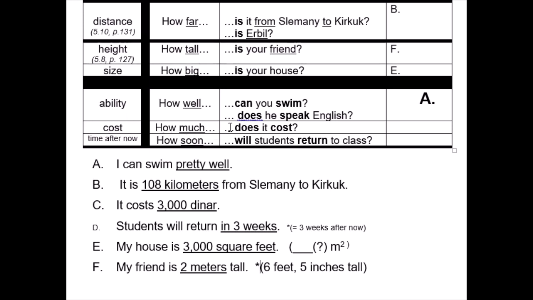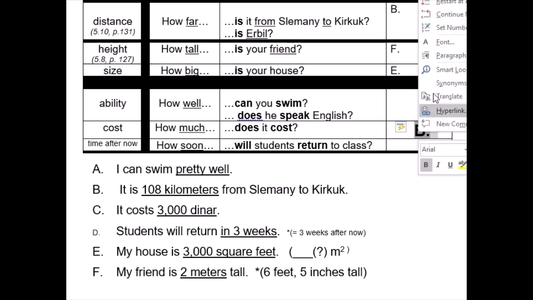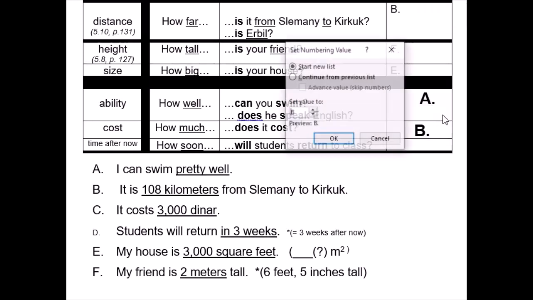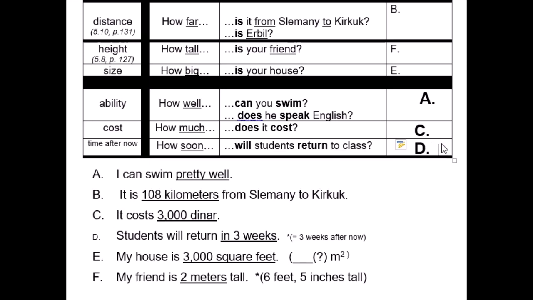Cost. How much does it cost? Oh, C. It costs 3,000 dinar. Something costs 3,000 dinar. Okay. And time after now. How soon will the students return to class? D. Students will return in 3 weeks. Okay.